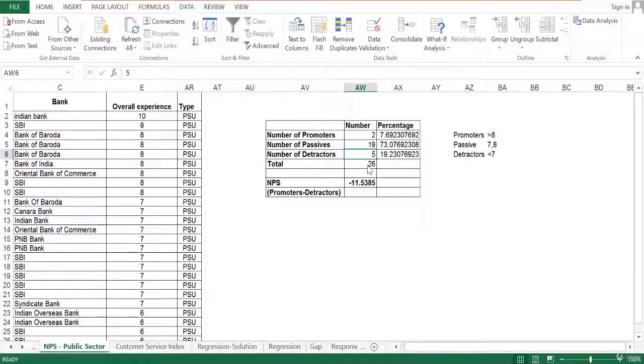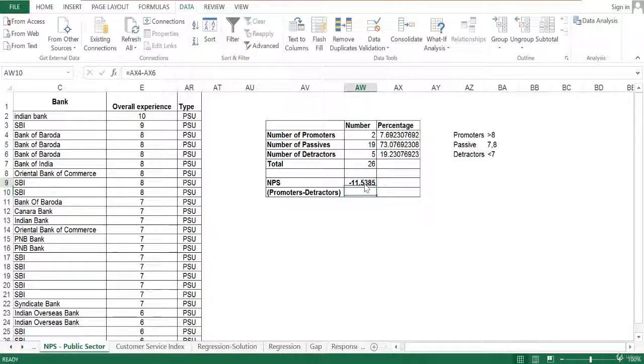My total is 26, and the net promoter score is calculated as the percentage of promoters minus the percentage of detractors. The percentage of promoters is 2 upon 26, passives is 19 upon 26, and detractors is 5 upon 26. As we saw, the net promoter score is the percentage of promoters minus the percentage of detractors.